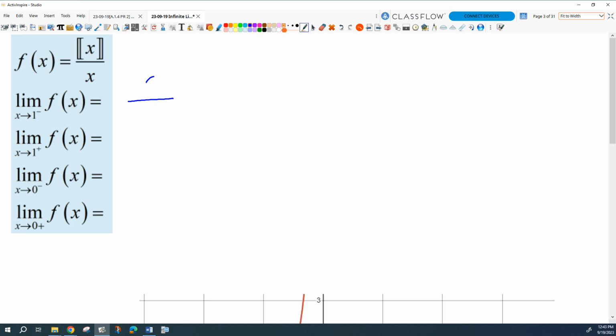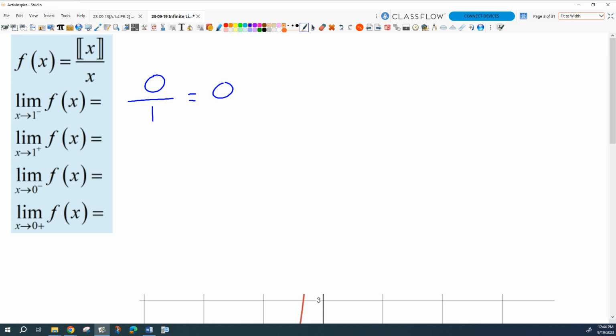So I'm getting 0 on the top. On the bottom, what am I getting? Okay, but what value am I approaching? Because when I evaluate a limit, what am I approaching? 1, yeah, right? So it looks like 0 over 1, which is exactly equal to 0. Okay, so the limit is 0.